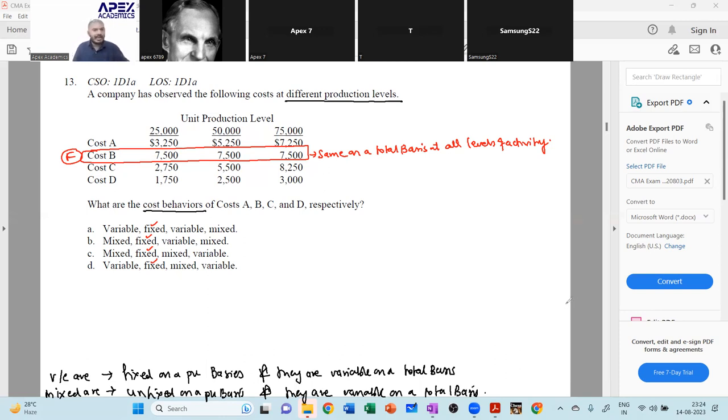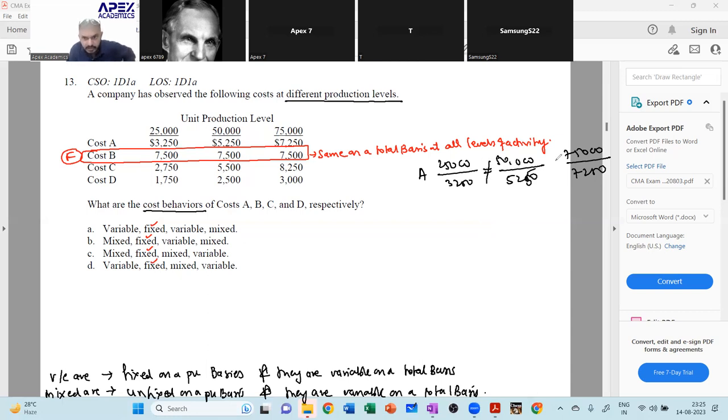So let's take a look at A. Let's analyze A. How do you analyze A? It is nothing but 25,000 divided by 3250, comparing that to 50,000 divided by 5250 and comparing that to 75,000 divided by 7250. So 25,000 divided by 3250 gives me 7.69. 50,000 divided by 5250 gives me 9.52.